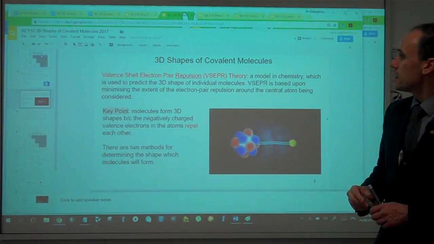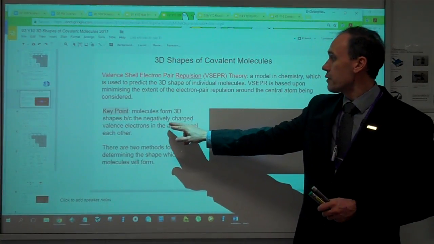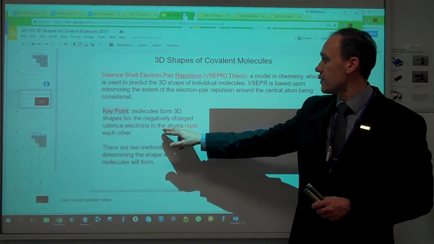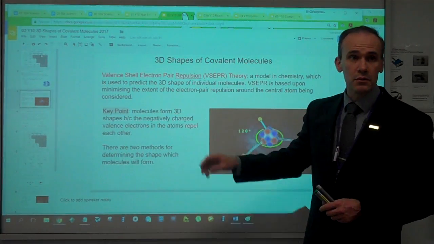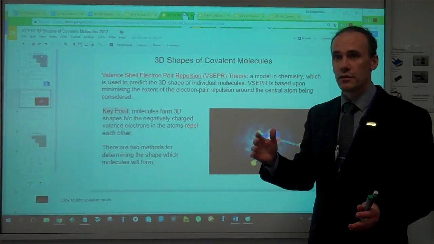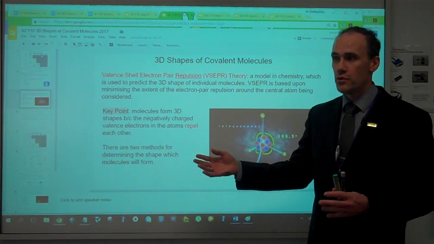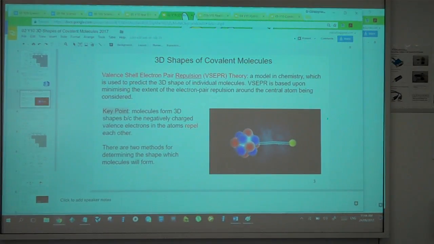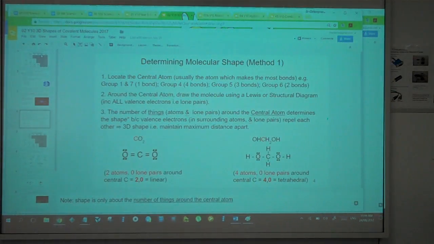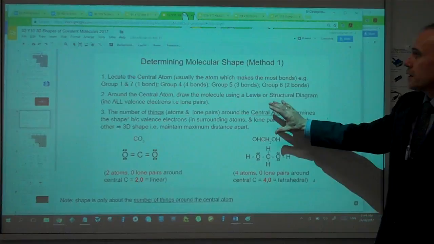Okay? So that's the key point. Molecules form 3D shapes because negatively charged valence electrons in the atoms repel each other. Almost guaranteed you're going to get that as a question. Because with VSEPR, there's only two things. One, why. Two, show me what you know for shapes. Slide 5 is gold.